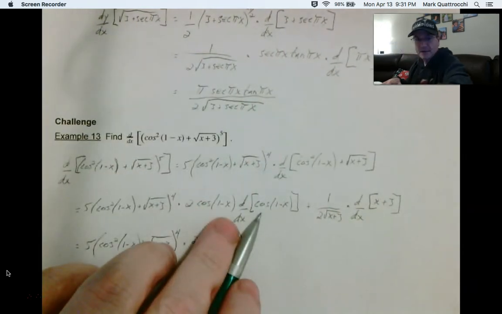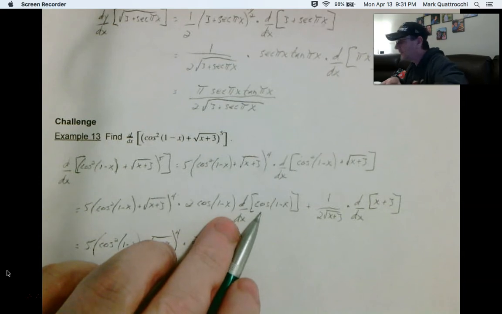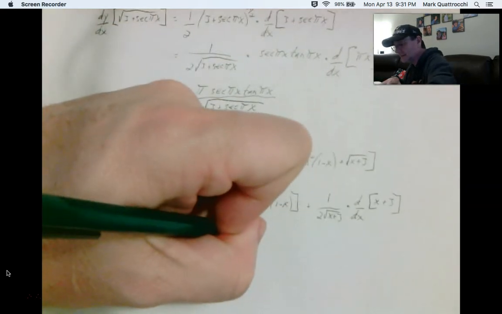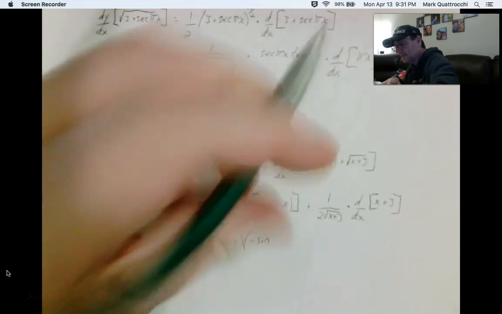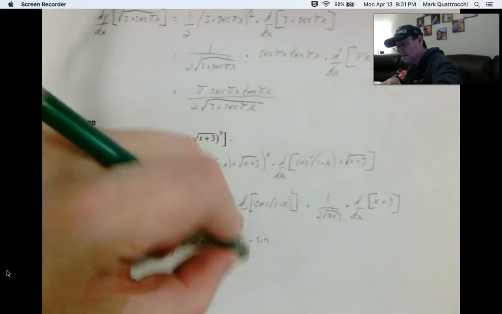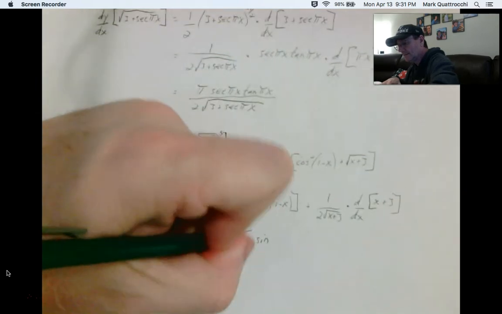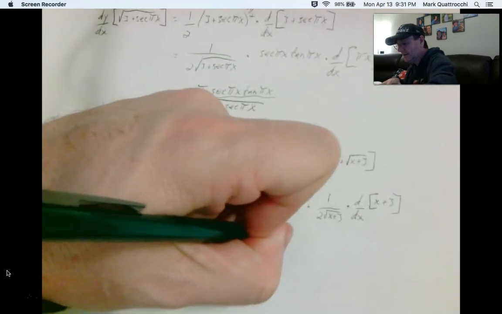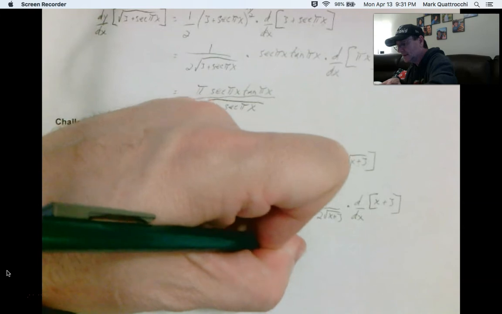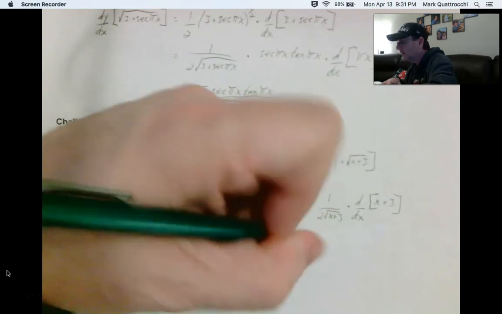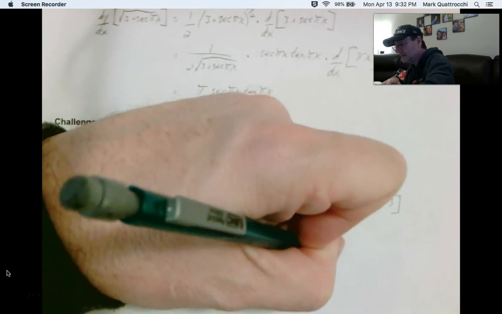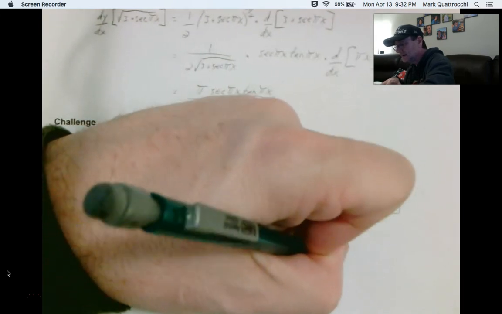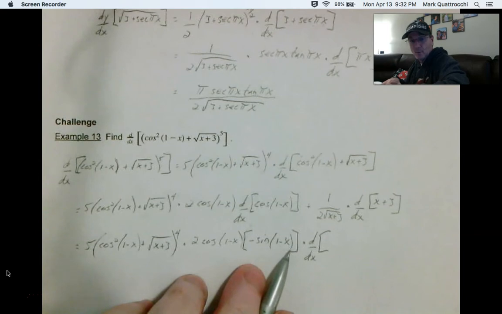The derivative of cosine is negative sine of 1 minus x times d dx of the inner function, 1 minus x.